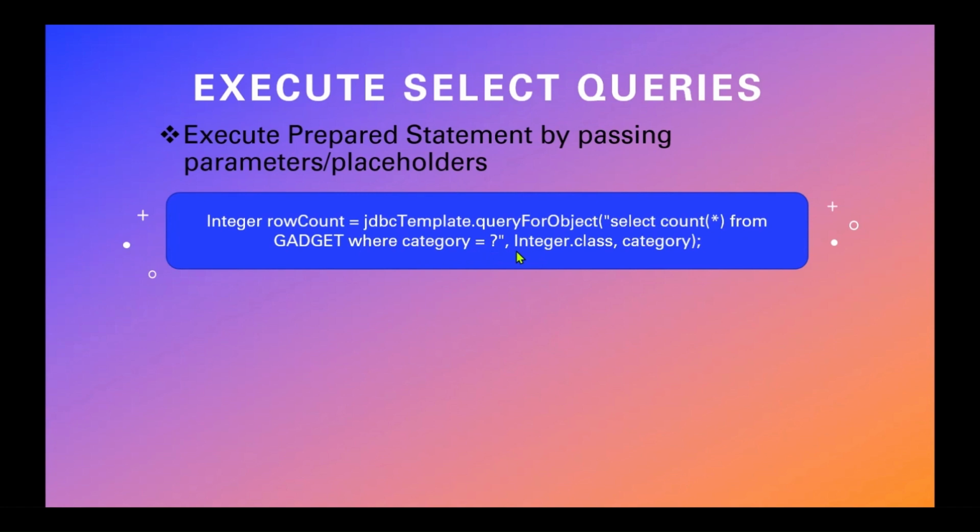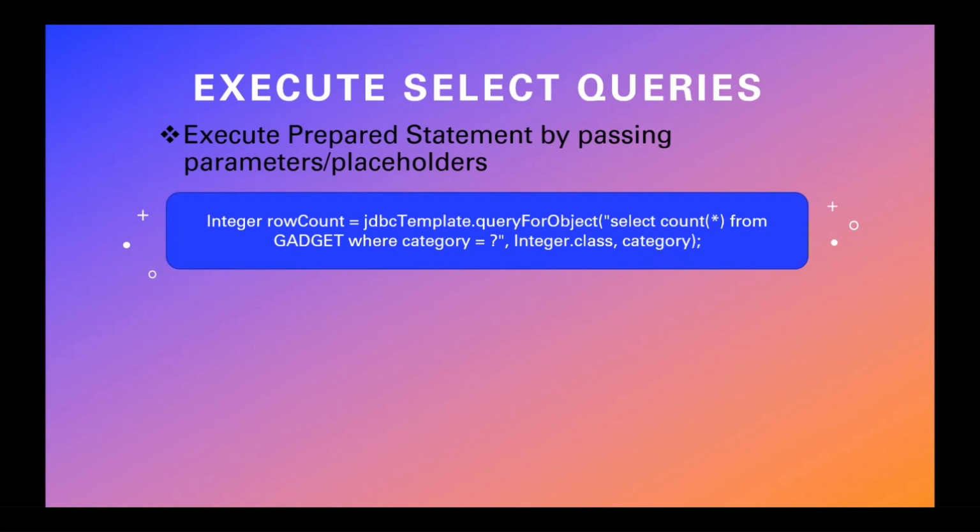After that you have to pass the class to which the result will be converted and the placeholder values. If you have multiple placeholder values, you can pass multiples here. So in this case, I'm trying to get the count from the gadget table where category is mobile or whatever, and I'm passing the category in the method.